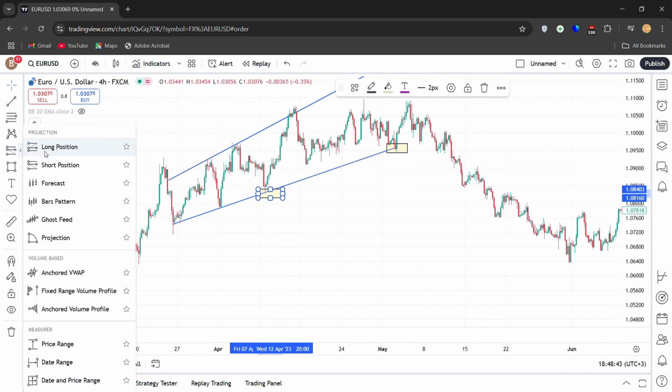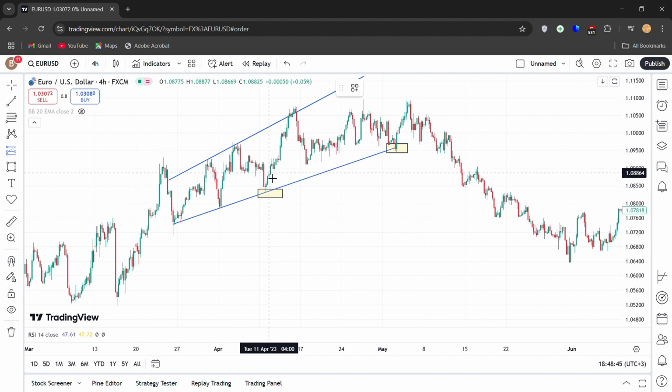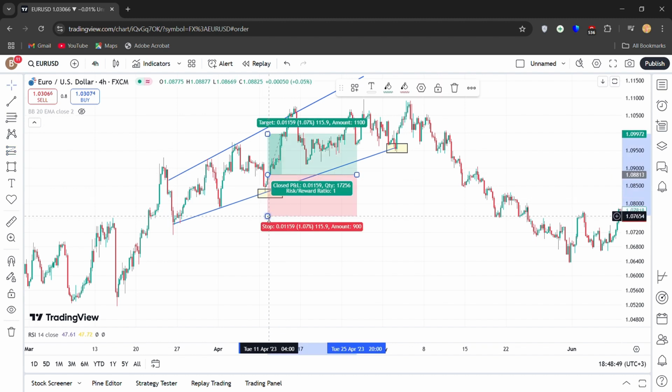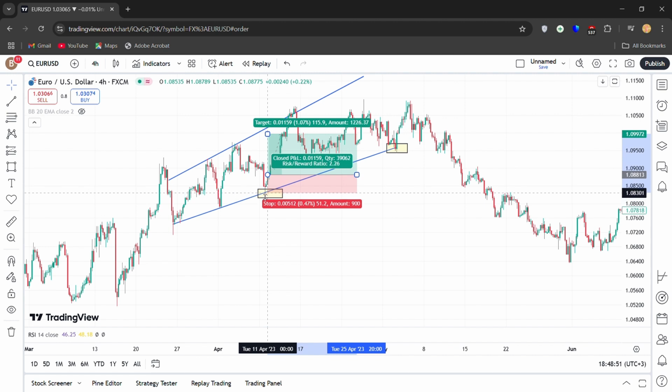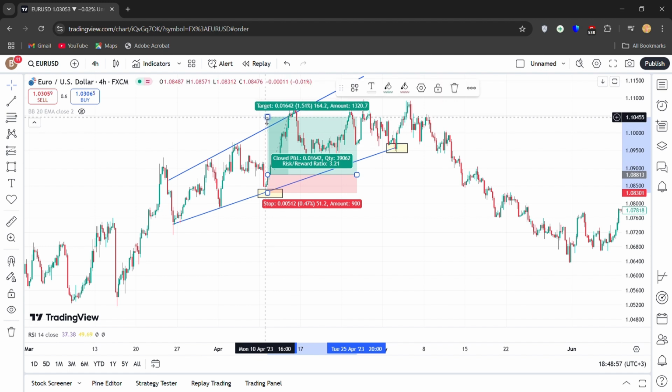This is a long position. For example, I've seen it moving here from this point, so you put your stop loss just below the support level and you take profit at the next resistance level. This is a whopping 3 to 1 risk to reward ratio.